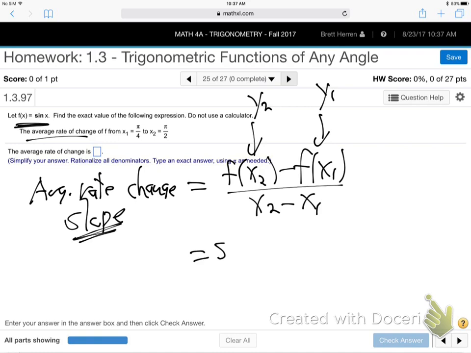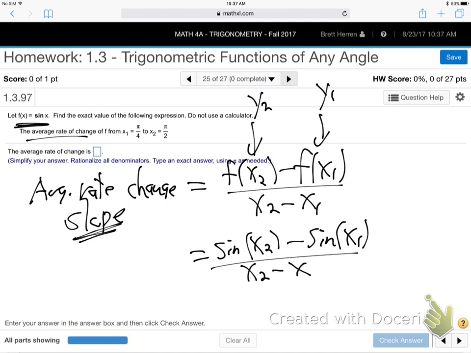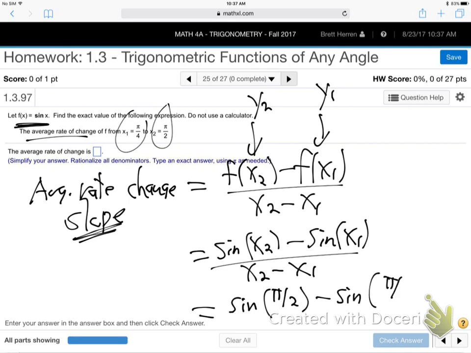So what they want you to do is sine of x2 minus sine of x1 over x2 minus x1, because that's what f is. And what's x2, x1? This and this. So they want sine of pi over 2 minus sine of pi over 4 over pi over 2 minus pi over 4. You see that?